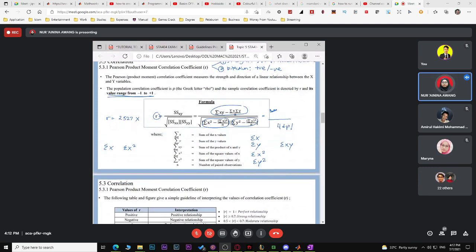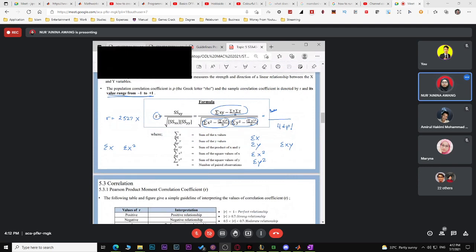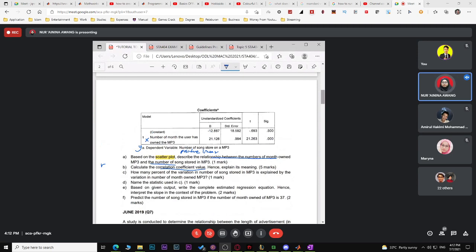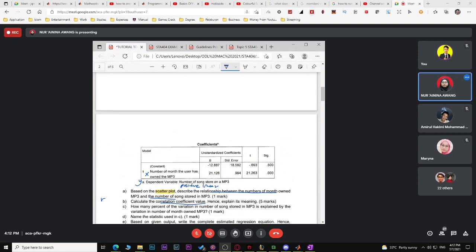You can use your calculator to find the values. So once you already have the value for summation of x, summation of x squared, summation of xy, summation of y squared, you dah ada semua tu, you just substitute into the formula. Okay, so whether you want to calculate satu-satu, you nak kira satu-satu dulu pun boleh.